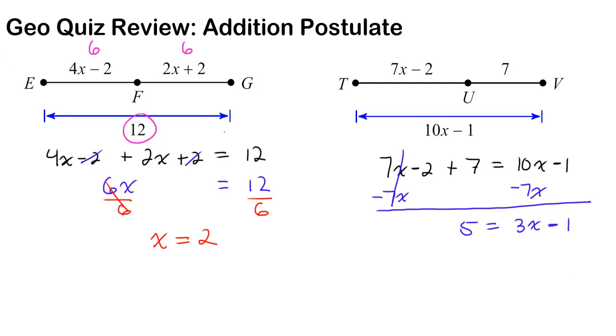And then I can just add 1 to both sides here. And I get 3x equals 6. And when I divide by 3, I get x equals 2.